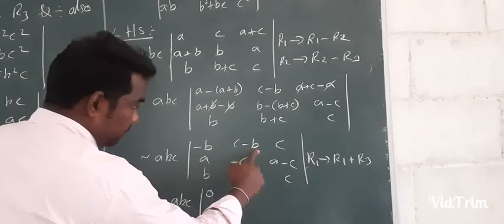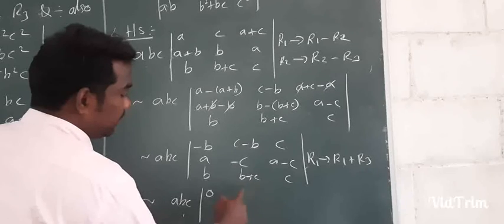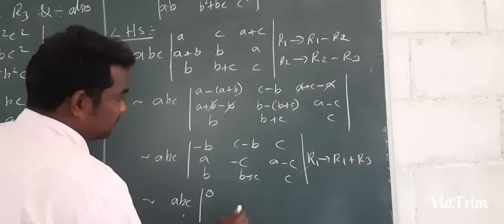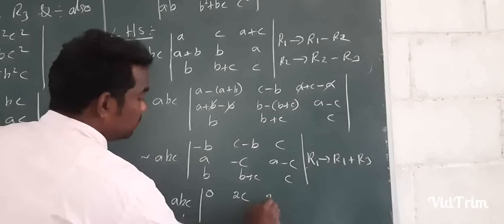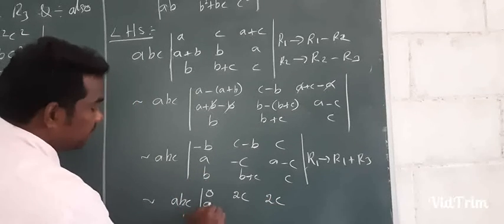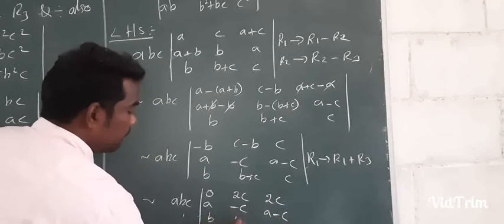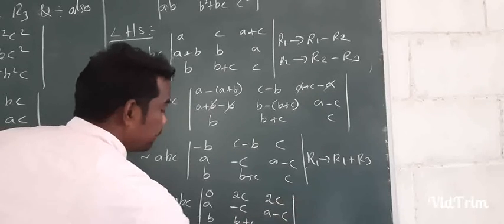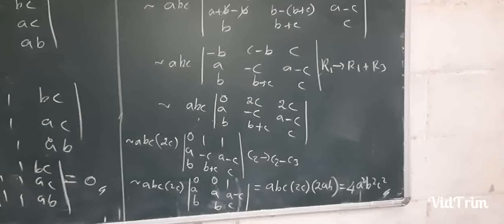C minus B plus B and plus C, the remainder term, minus and minus cancel, the remainder term is 2C. And C plus C is 2C. Then as it is, write A minus C, A minus C. Then B, B plus C and C. We have 2C and 2C.